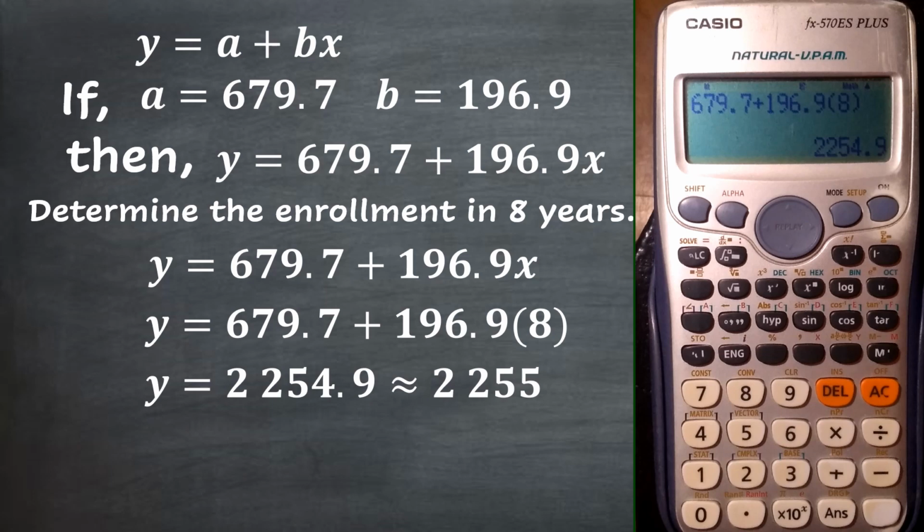If you can notice po, the value of y is rounded off to the nearest whole number, since in this problem, we are talking about the number of enrollees for the y variable. So, since we're talking about individuals and we're talking about people, we do not represent it as a decimal number.